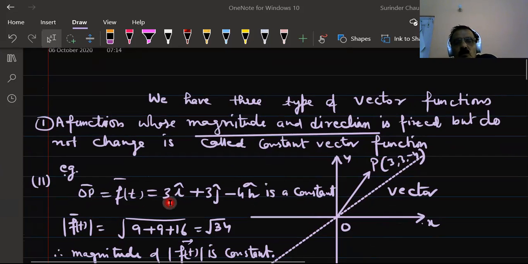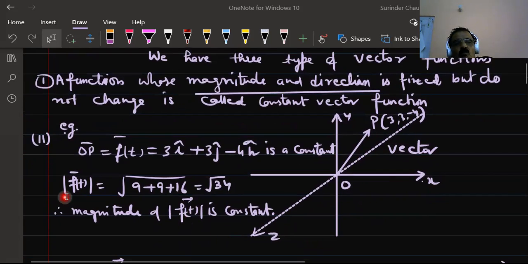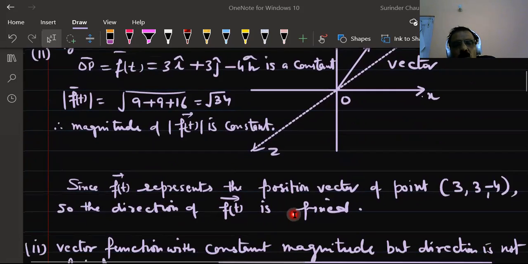So F(t) vector is equal to 3i plus 3j minus 4k, which is a constant vector. The modulus of F(t) is the square root of 34, which is constant. The magnitude of F(t) is constant.